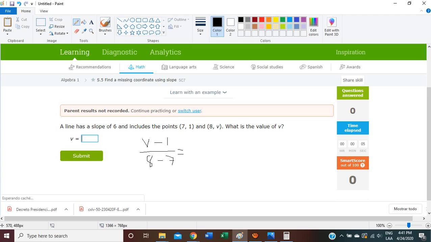What is the slope? The slope is 6. So now we have the final number, but we need this one. Okay? So we can solve this, right? We can solve this operation. 8 minus 7 equals 1.